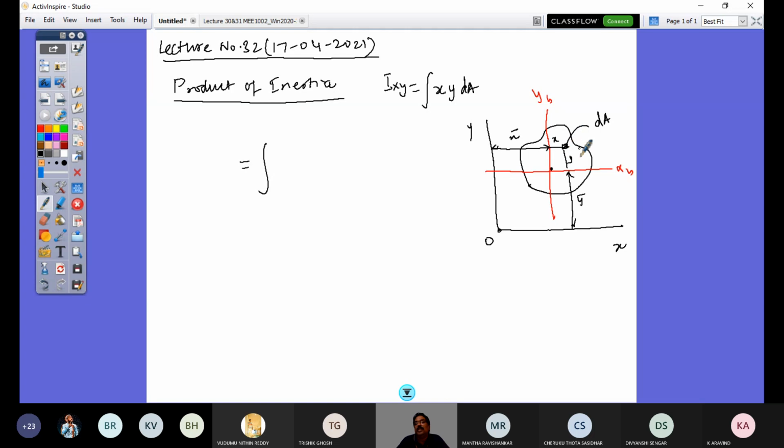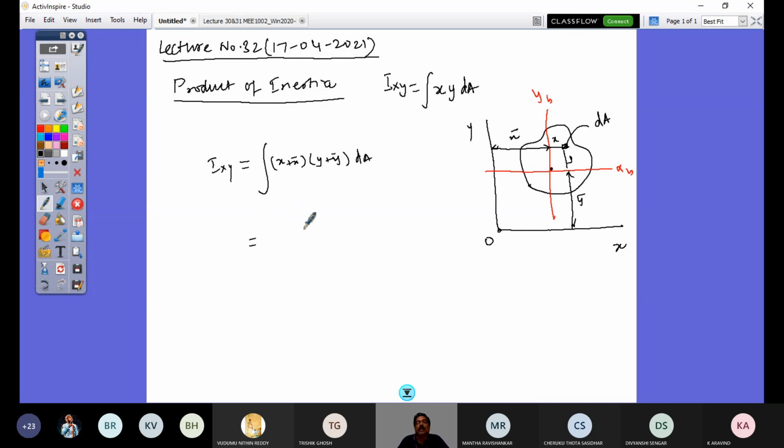So this dA distance from, do not misunderstand this xy, what is written here. This xy is the coordinate of the elemental area with respect to the XY axis. So that would be (x plus x bar) into (y plus y bar) dA, right? So this is what is my Ixy.